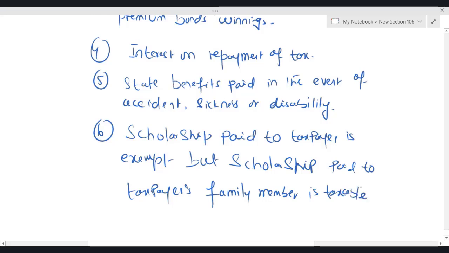But again, I would say the first four are more important. Almost 100% in the past papers and in your latest kit, you will see the first four. So the first four examples are extremely important.